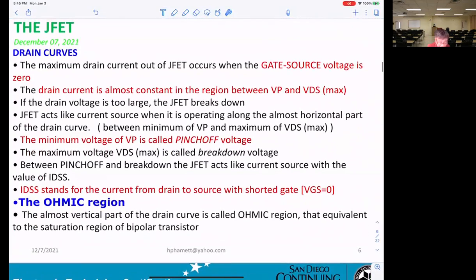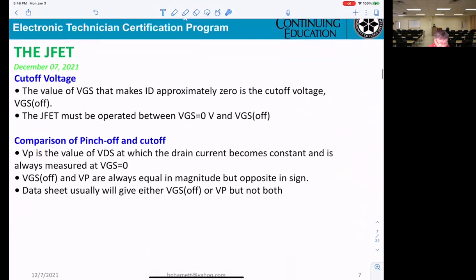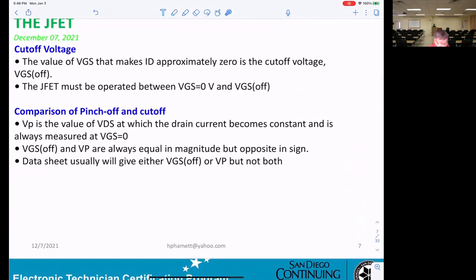Okay, so this is the one you have to read over and over. What I'm just asking you: IDSS stands for the current from drain to source with a shorted gate. That means VGS equals 0. And they're also talking about the ohmic region and cutoff voltage. The cutoff voltage, the value of VGS that makes ID approximately 0, is the cutoff voltage VGS off.